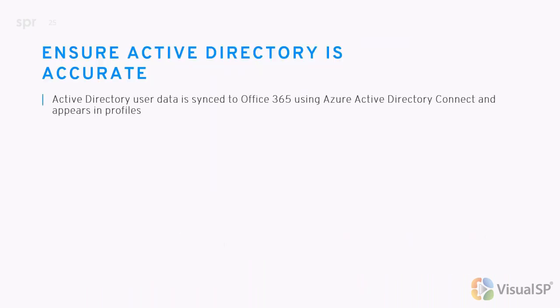So this is where it gets a little bit technical after this slide, I believe. The first thing you want to do is make sure that your Active Directory information is accurate and up to date so that all the profile information is correct. A lot of people don't realize that in Delve, for example, there's some profile information that shows the organization hierarchy. So when I click on a user, I can see who their manager is, and then I can click up and see who their manager is, and so on.